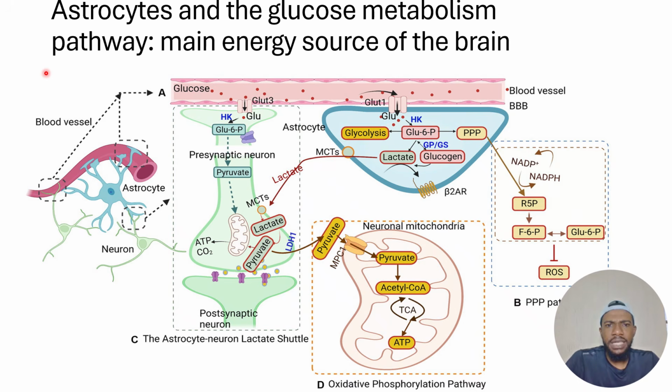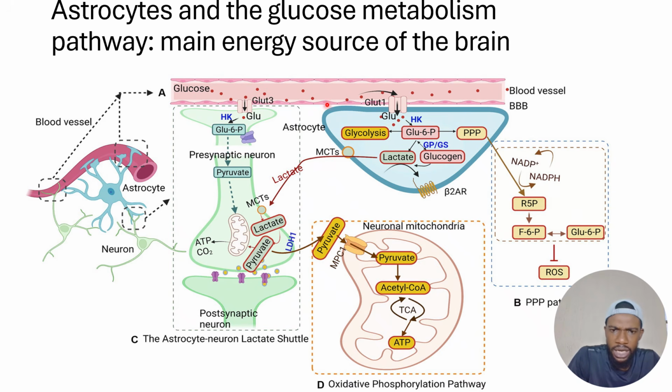Astrocytes, as I said in the earlier slides, are highly active metabolic cells that help maintain neuronal survival and brain function. Now, looking at this diagram, starting from the top, you could see that glucose moves from the blood vessels across the blood-brain barrier through the transporter known as the GLUT.